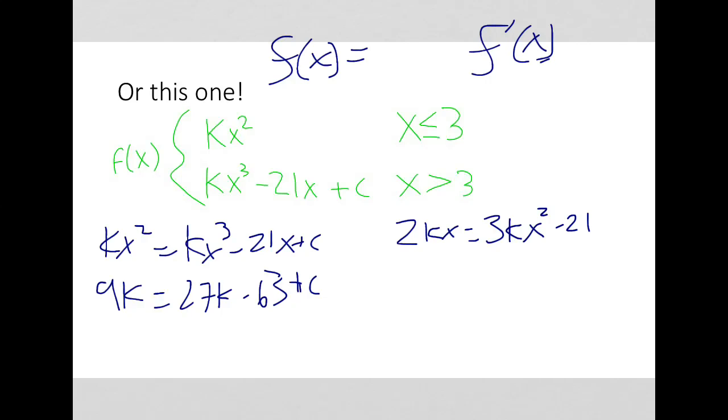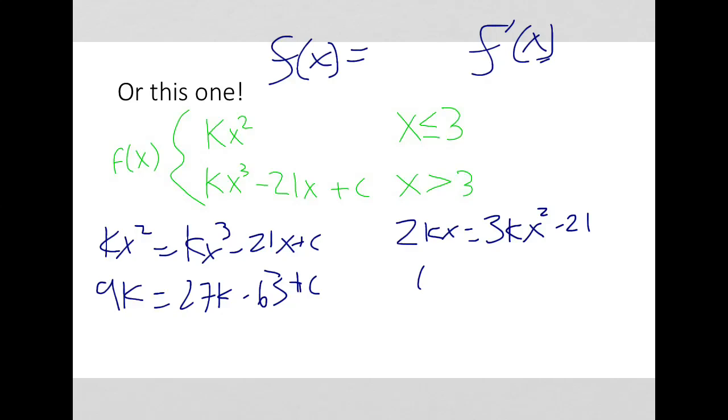So again, start solving what you can solve, simplifying what you can simplify, combine like terms where you are able. What I'm going to do is finish writing my second equation by plugging in the x value of 3.